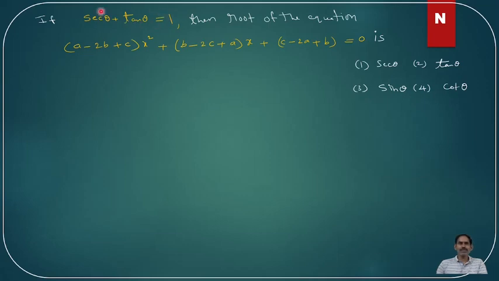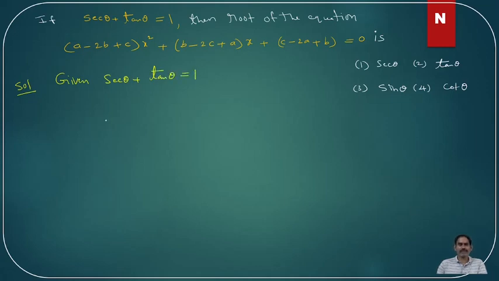Theta equal to 0 is the solution of this equation. Secant 0 is 1, tan 0 is 0, so 1 equals 1, which means theta equal to 0 is the solution. So start with the solution. First, given secant theta plus tan theta equals 1.